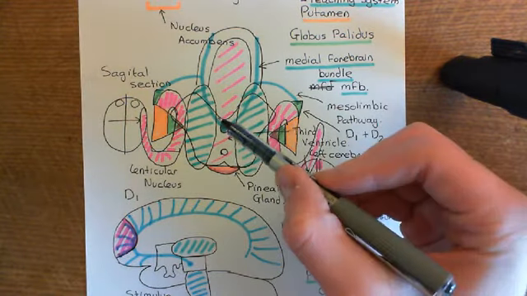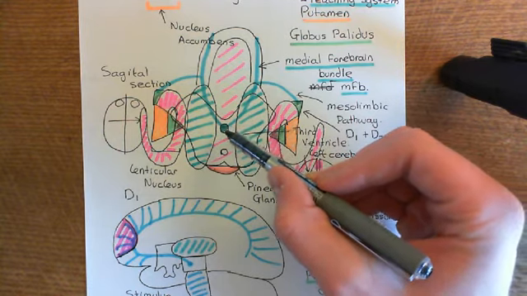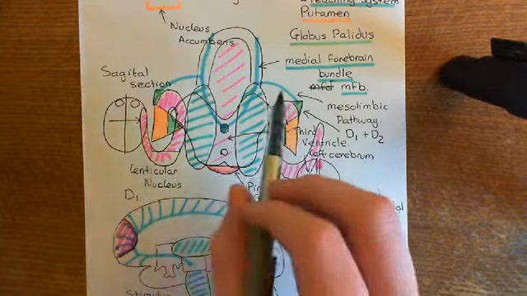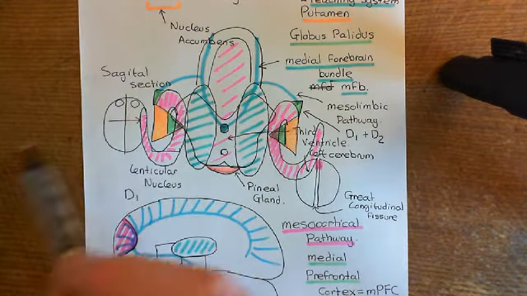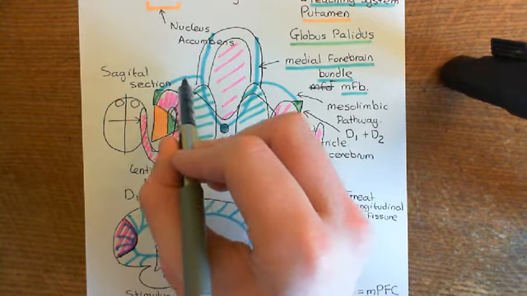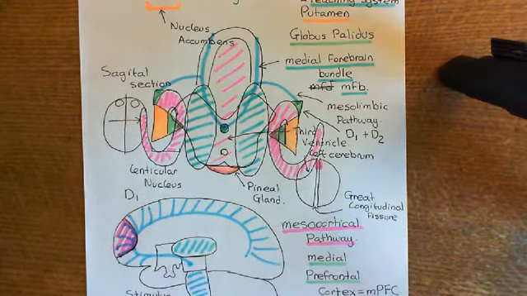Then we also have the mesolimbic pathway, which is this projection from the ventral tegmental area to the nucleus accumbens, the left nucleus accumbens and the right nucleus accumbens. Again the dopaminergic axons go into the medial forebrain bundle, then leave the medial forebrain bundle and go to the nucleus accumbens.